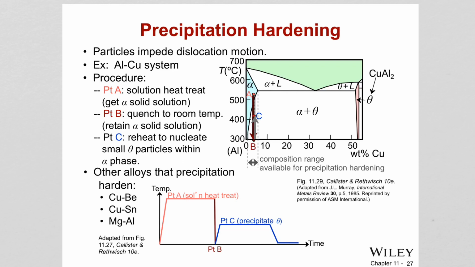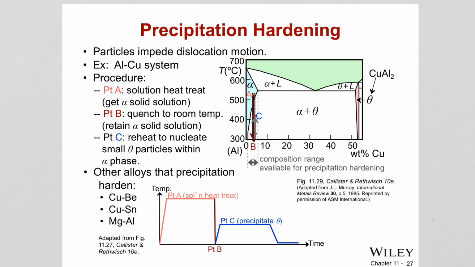Precipitation hardening or age hardening, these are the same terms, okay? This is usually in aluminum alloy systems, and you can watch the video about that also, which I sent you guys. So how do we do precipitation hardening?